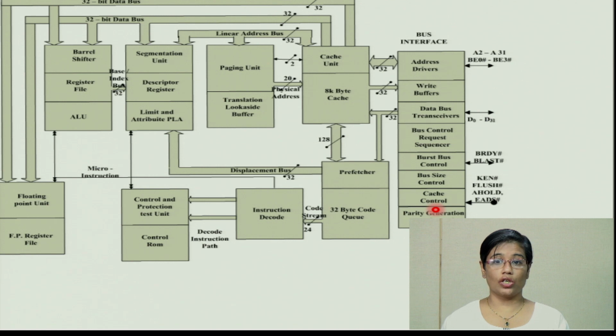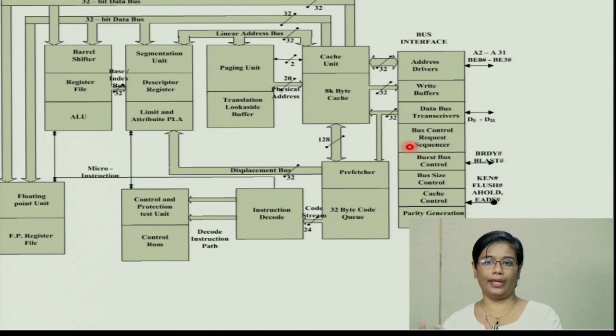Another unique feature which is there in the bus interface unit of 80486 is that it has a parity generator and checker. The purpose of this parity generator and checker is every time data transfer takes place, it also checks whether the data transfer has been done correctly by checking the parity. We'll see more details about the pins which are associated with parity when we are going on and looking at the pinout of 80486.